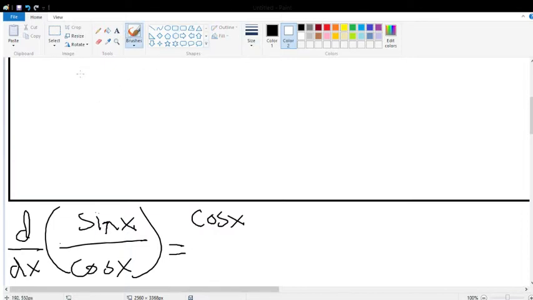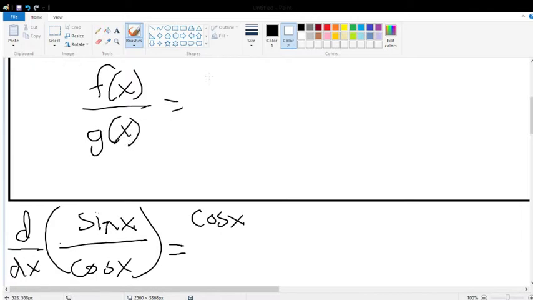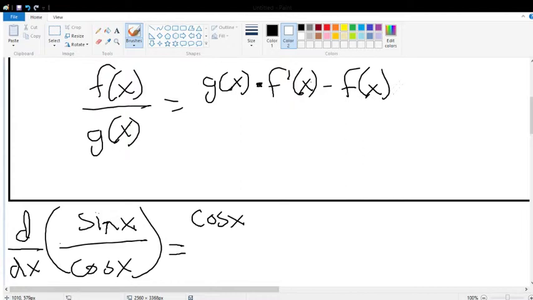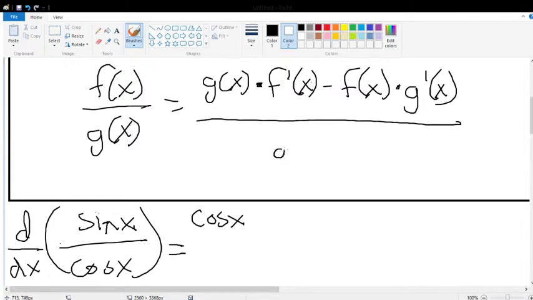So the quotient rule tells us that if you have a function divided by another function, then its derivative is g of x, just the bottom function, times the derivative of the top function, minus just the top function written out times the derivative of the bottom function, all divided by the bottom function squared.